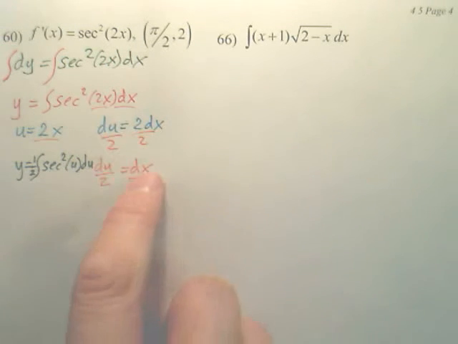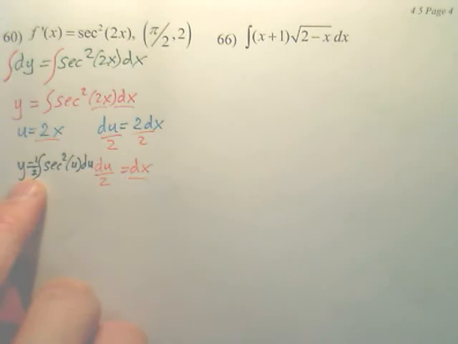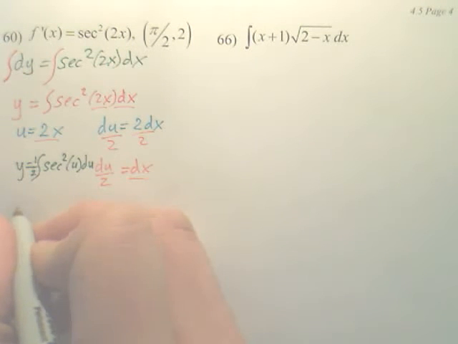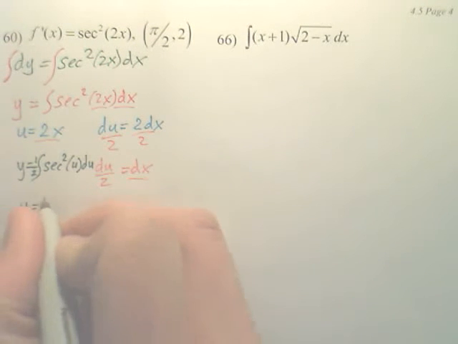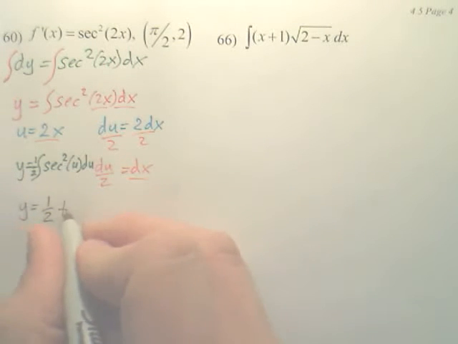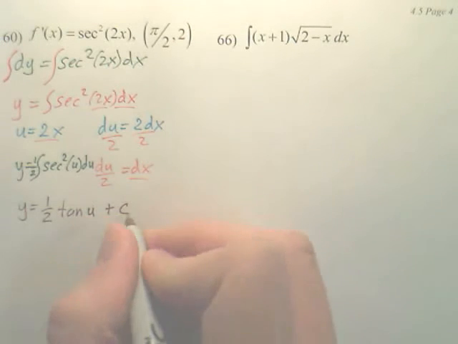The dx is du over 2, but instead of putting du over 2, I put the 1/2 out front. Hopefully you'll get to the point where you can jump to that step. Kind of wrote that too small, sorry. So y equals 1/2 the integral of secant squared u, which is tangent u plus c.